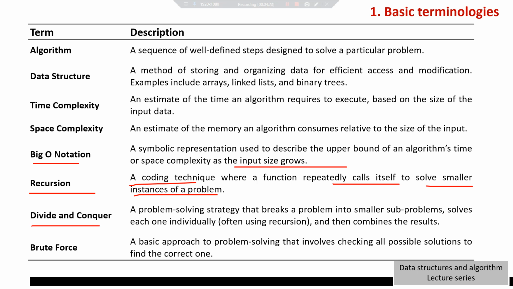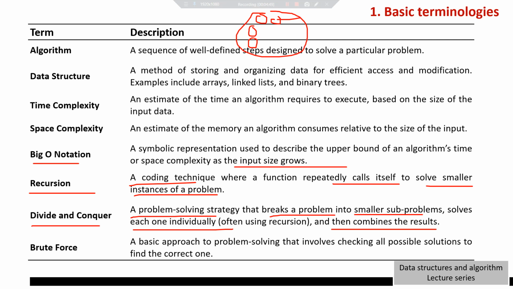Next terminology is divide and conquer, a problem solving strategy that breaks a problem into smaller sub-problems, solves each one individually, and then combine the result. So if there is a big problem, we will divide this big problem into small sub-problems and then we will solve each problem individually, right?